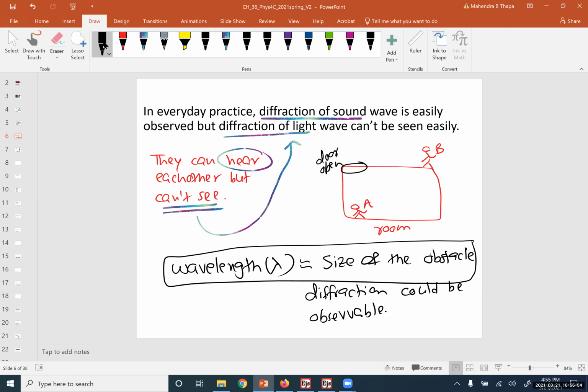If not, then there is a diffraction, but we cannot see it.